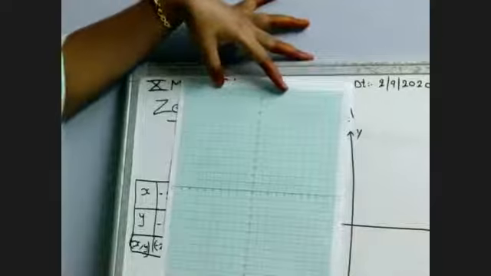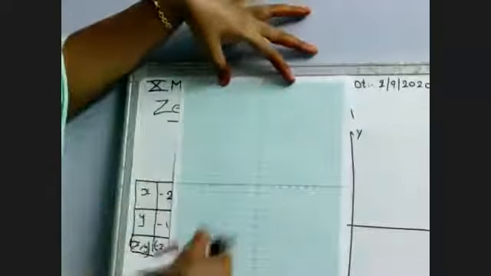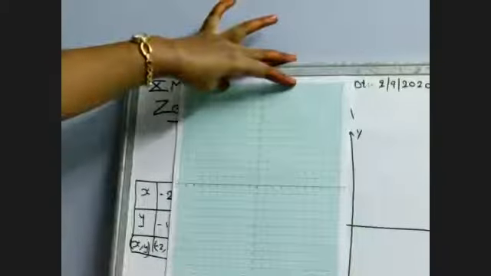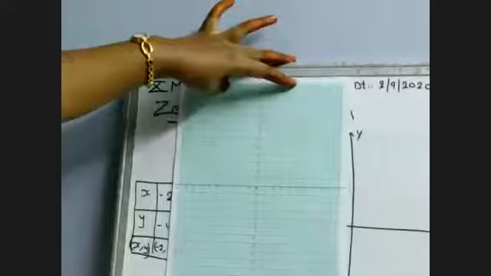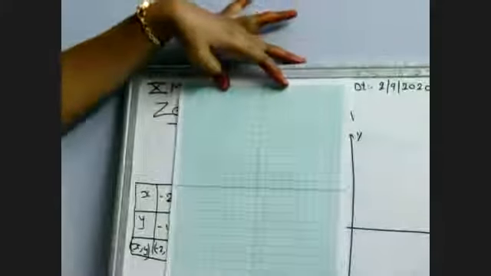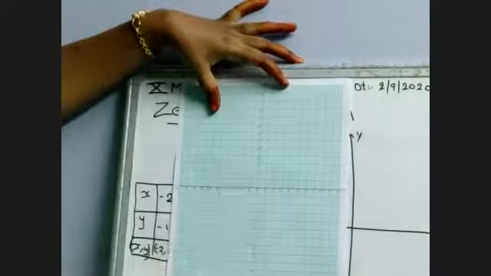I think for all of you it is visible. So here, see, in this equation I took that. Now once observe here. So here we have to find out the values.